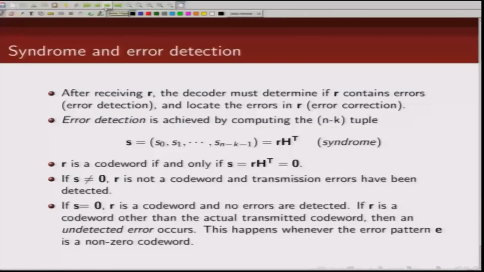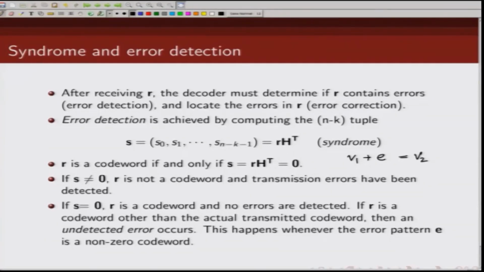If your S is 0 and your received sequence R is not the code word that you transmitted, but some other code word. Let us say I transmitted a code word V1 and my error E was such that it transformed it into another code word V2. So, the received sequence is V2.